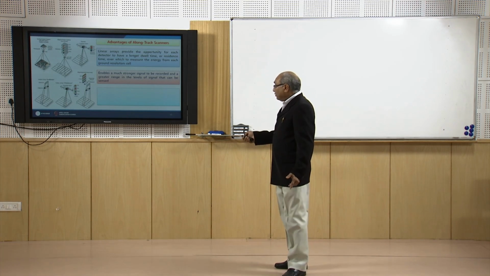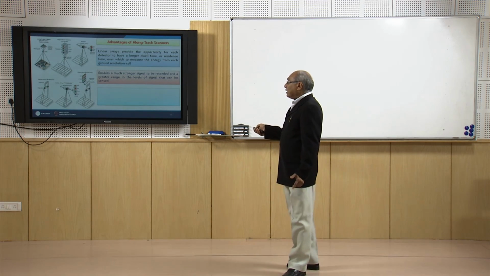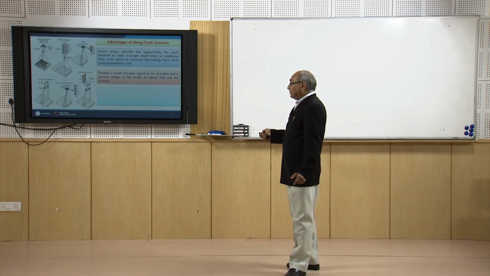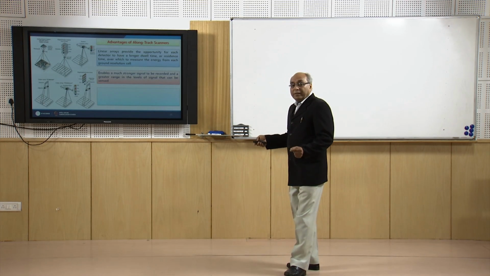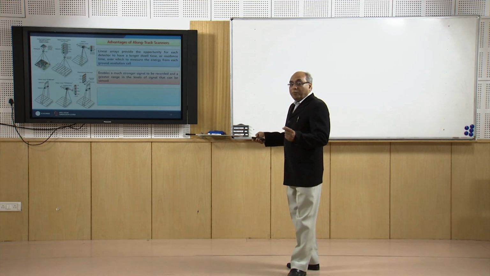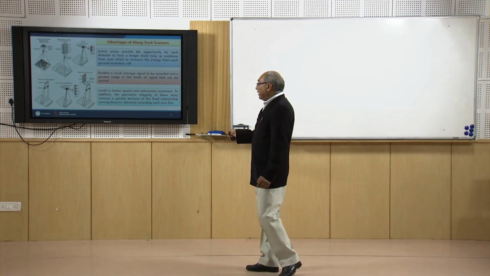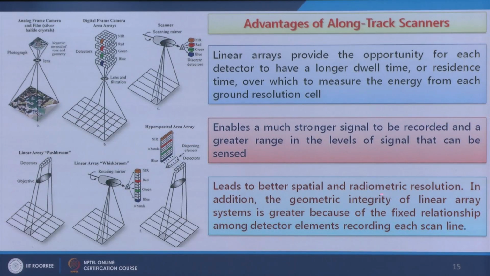This is because it enables a stronger signal to be detected by these sensors, because the stay time while a satellite is moving is much more compared to across track scanners, and this leads to better spatial and radiometric resolution.